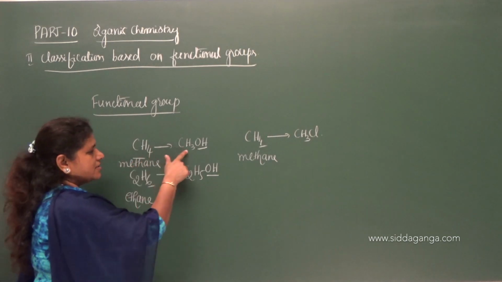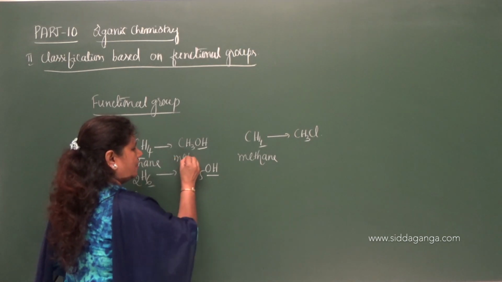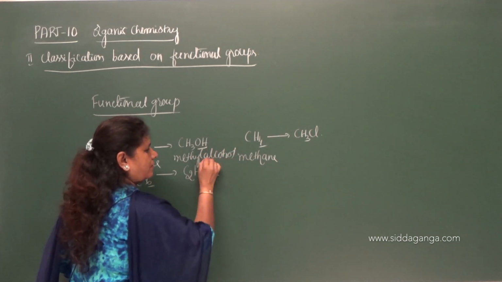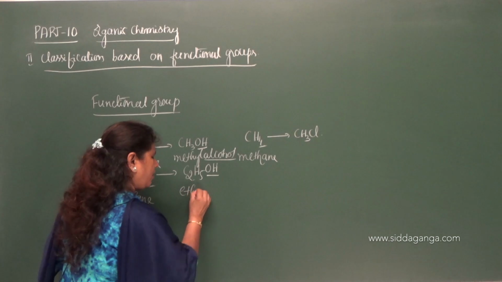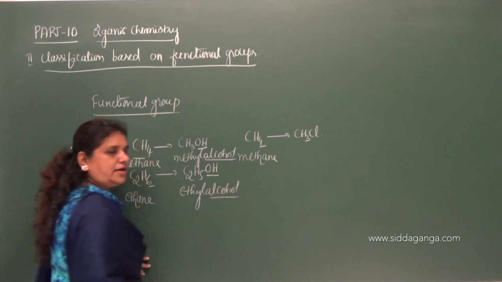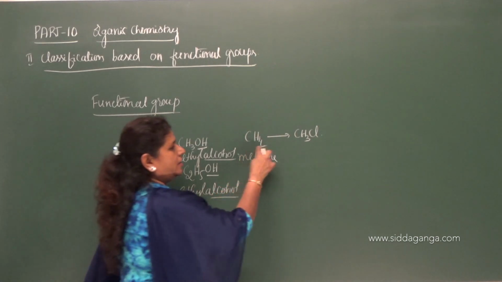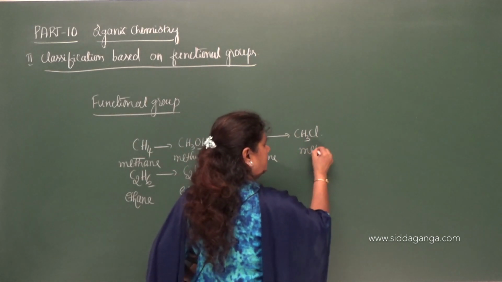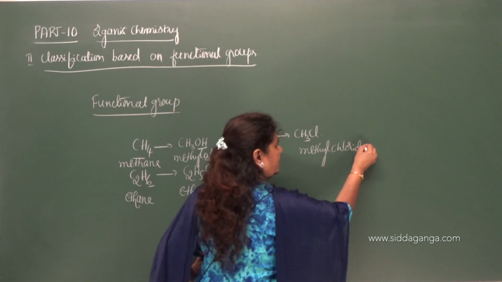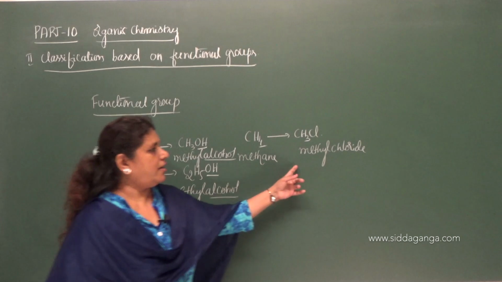You can call this compound methyl alcohol. Methyl alcohol. And here you can call it ethyl alcohol. And here you can call this methyl chloride.